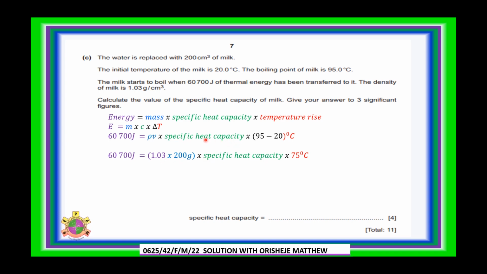Then we are looking for the specific heat capacity, which is C. So you rearrange, with a temperature rise of 75. That gives us a specific heat capacity of 3,928.8 joules per kilogram per degree Celsius.